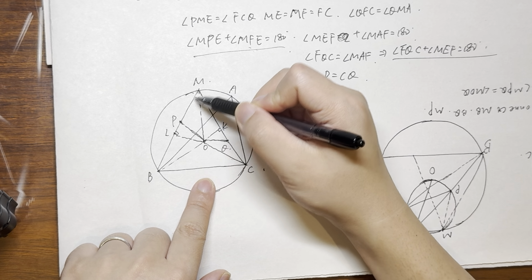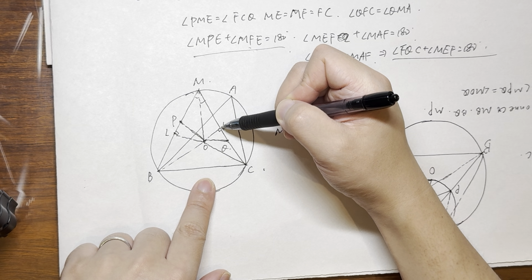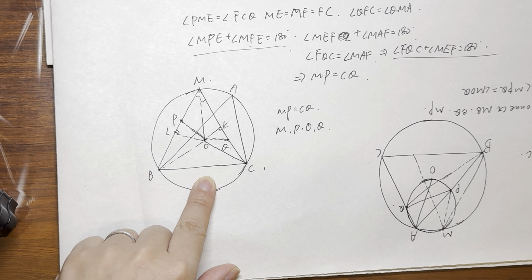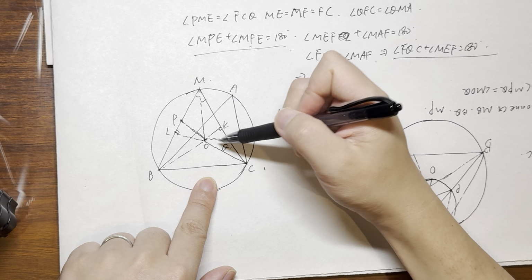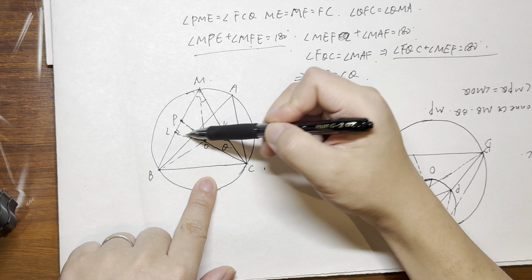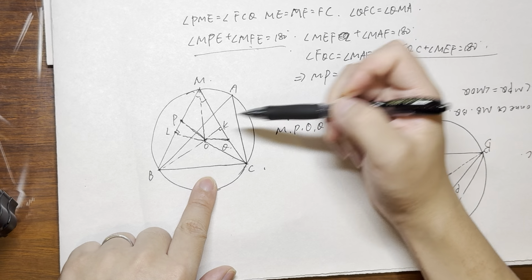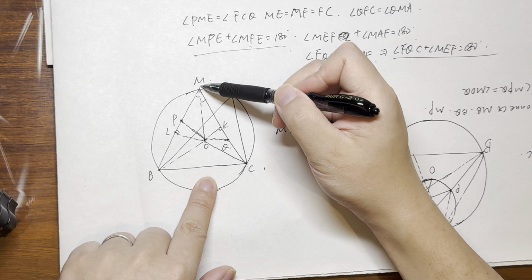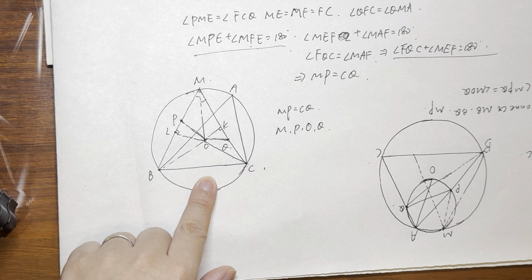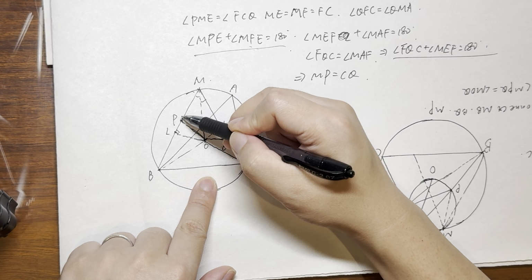So ML equals MK. Now, if we look at triangle COK and triangle MLO, these two triangles are congruent too, because triangle OCK is congruent to triangle OMK. And we know that CQ equals MP.